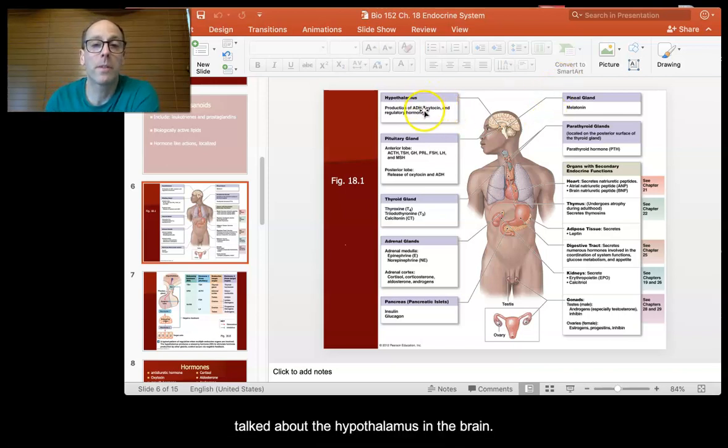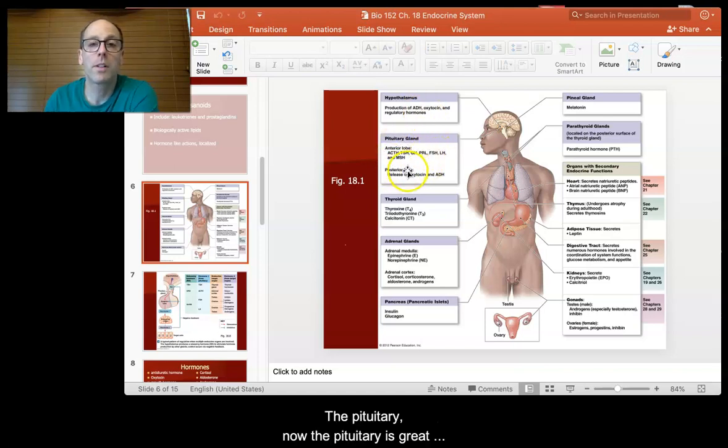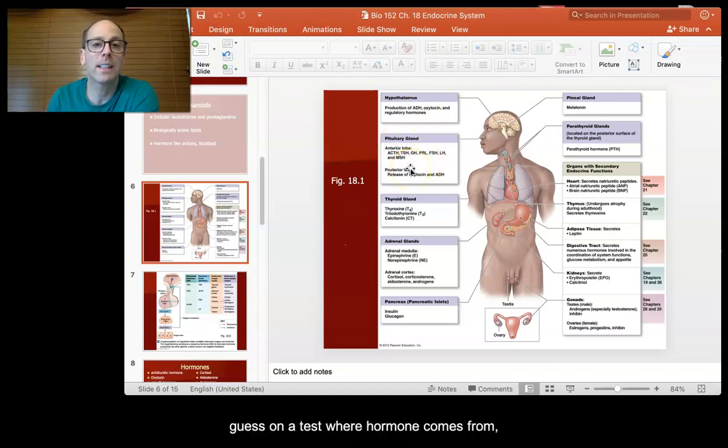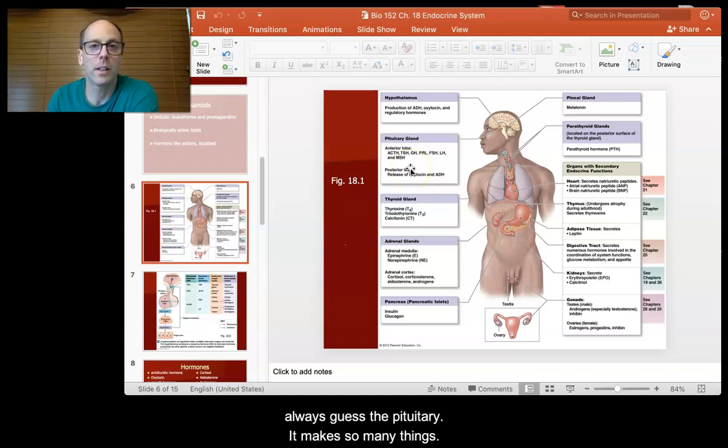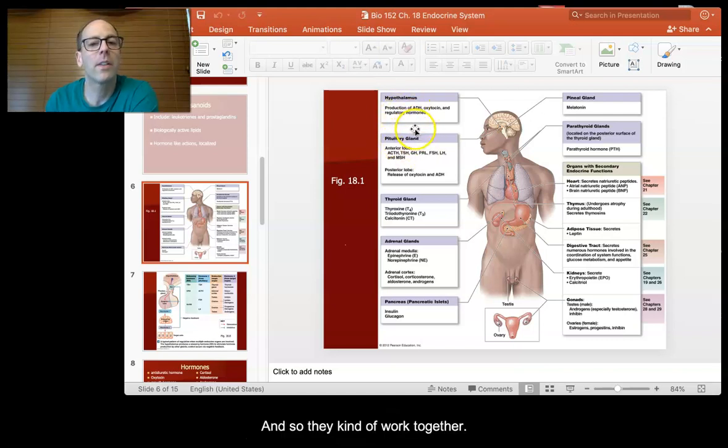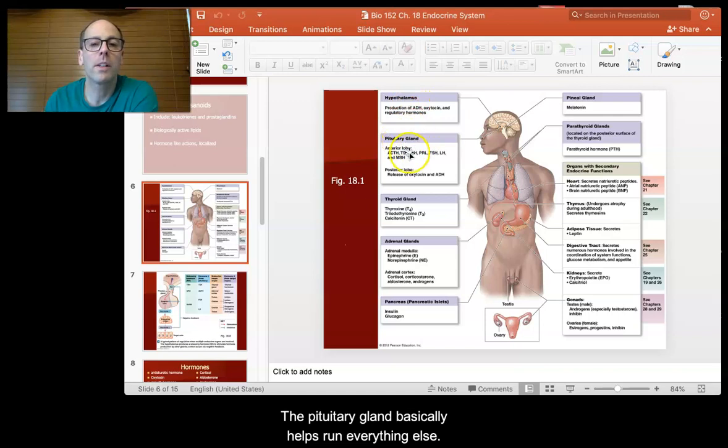We've already talked about the hypothalamus in the brain. The pituitary is great because if you ever have to guess on a test where a hormone comes from, always guess the pituitary. It makes so many things. Those 2 structures in the brain, remember, are linked together by the infundibulum, and so they work together. The pituitary gland basically helps run everything else.